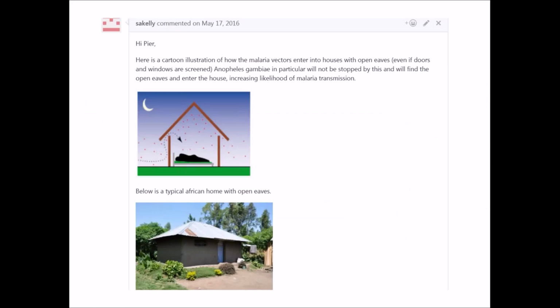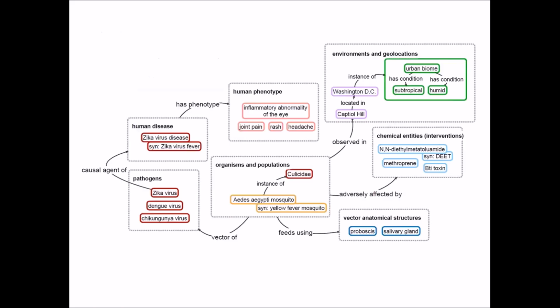This is our development environment where everyone is free to contribute or ask questions. So then they came back to me, and they illustrated what they meant and why it's important, how mosquitoes can get in and then infect people with malaria, depending on the kinds of eaves that are present. And again, we captured that knowledge and said, yes, of course, and integrated it into the ontology.